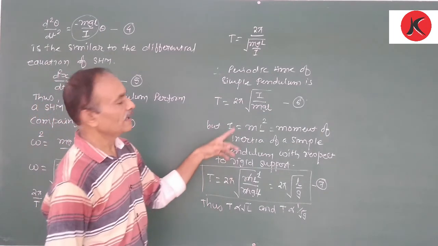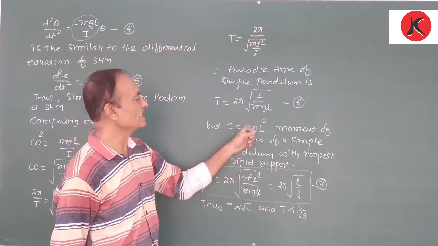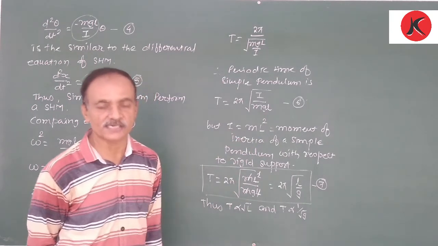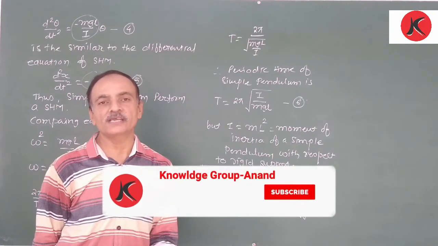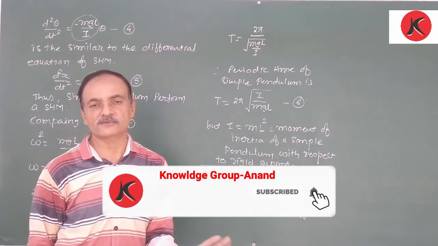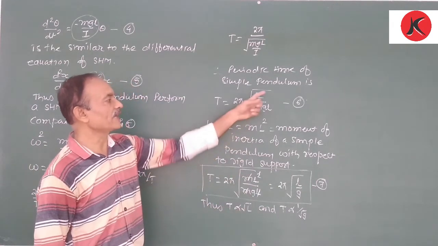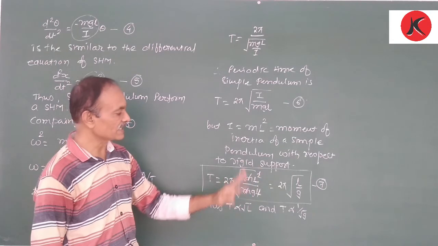We know that the moment of inertia of a simple pendulum with respect to its support is ml². We learn this in rotational motion, to find the moment of inertia of different shapes of bodies about different axes. Therefore we substitute I as ml², and m and one l cancel.